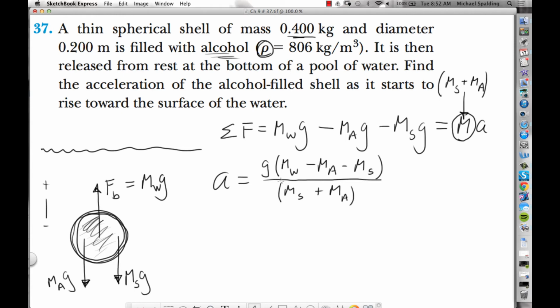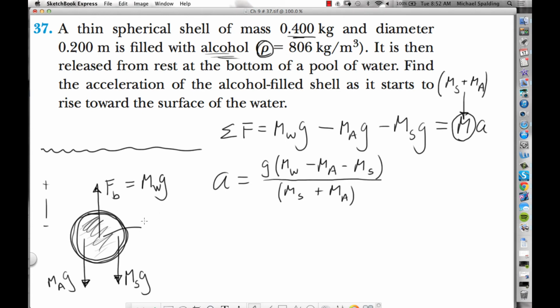Okay, so we got to figure out two things. We know the mass of the shell is 0.4. So we got to find out the mass of the water and the mass of the alcohol. So how do we find those?